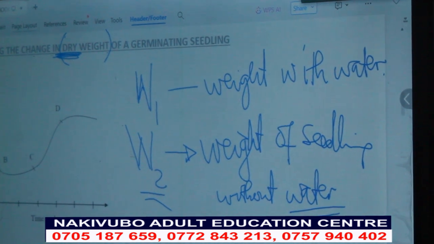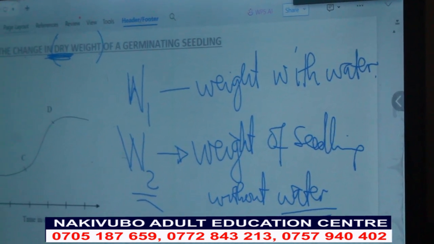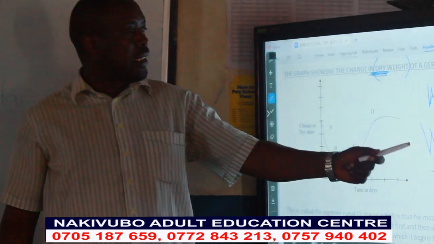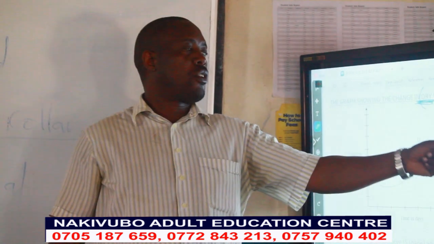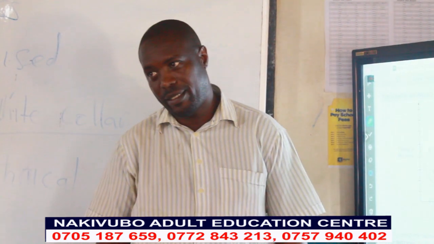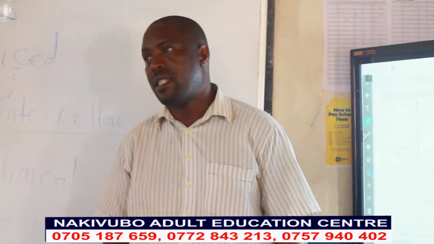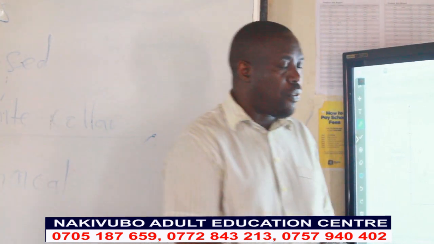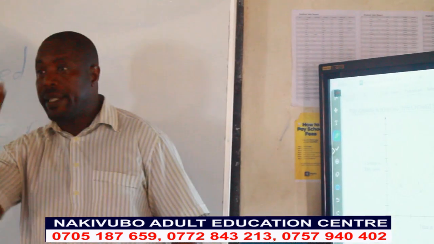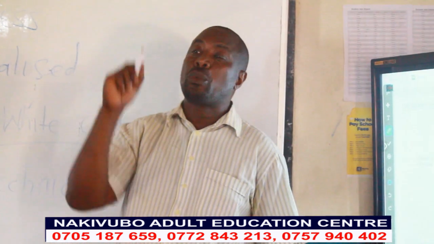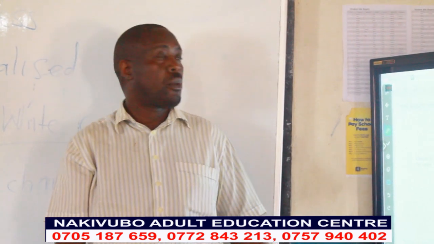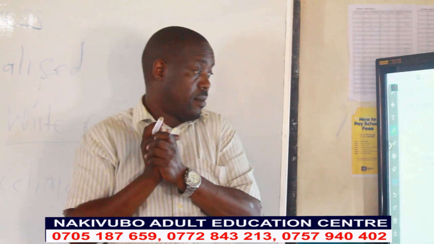That is the dry mass of the seedling. So if we subtract W2 from W1, you will get the amount of water in the plant. For us now, we are interested in W2, the weight of the seedling without water in it. That's what we call dry mass.